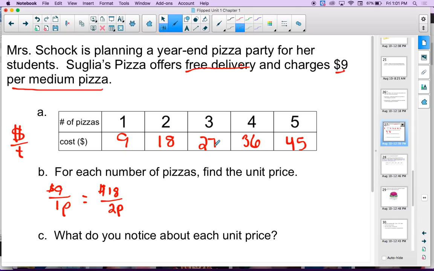Next, $27 for 3 pizzas. Okay, $27, 3 pizzas. If we divide by the GCF, which is 3, divide the numerator and denominator both by 3, again, we're going to get $9 per pizza.